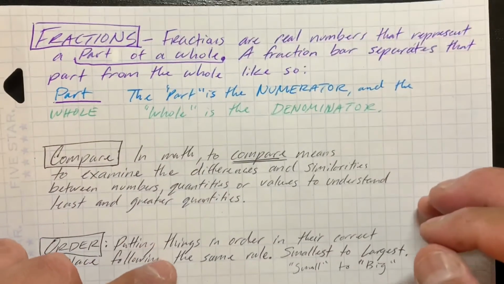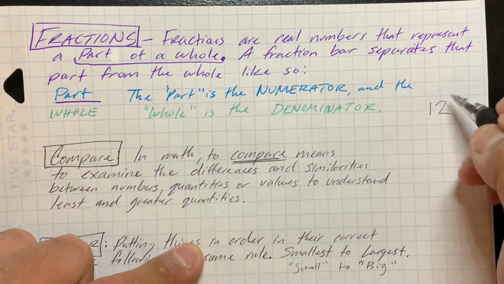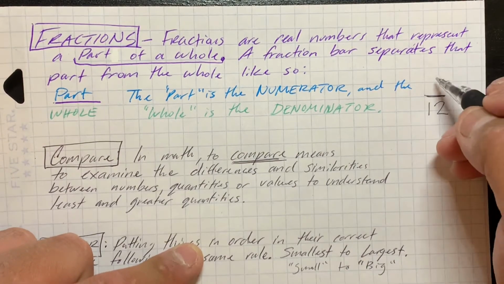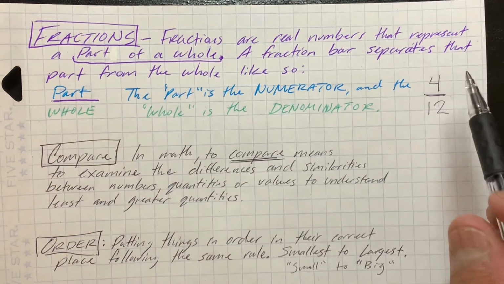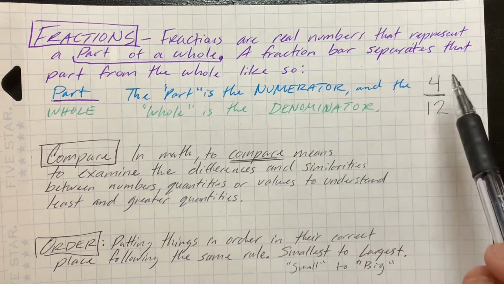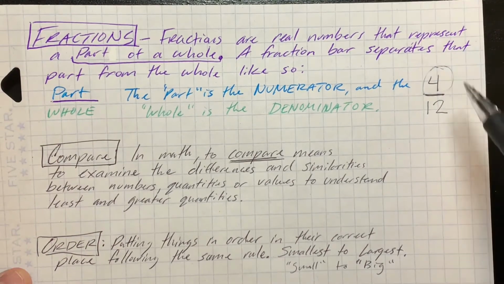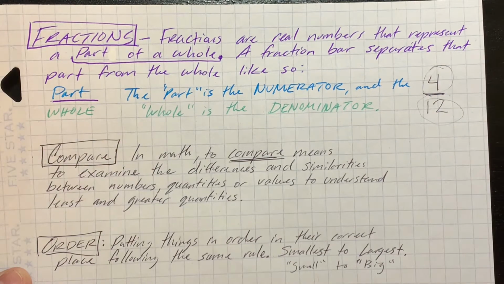And typically, pepperoni pizzas have about 12 slices. For that whole pizza, there's 12 slices. But let's say that we only ate 4 slices out of the 12. So we ate 4 out of 12 slices. So again, we ate part of the pizza. We ate 4 slices, part of the pizza, out of the whole pizza of 12 slices.